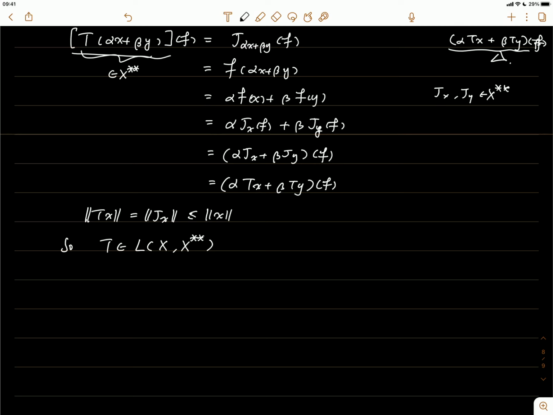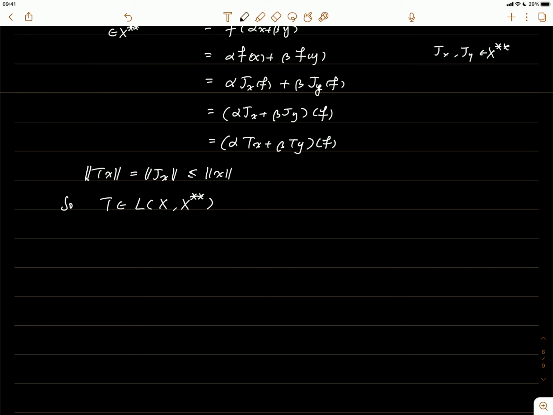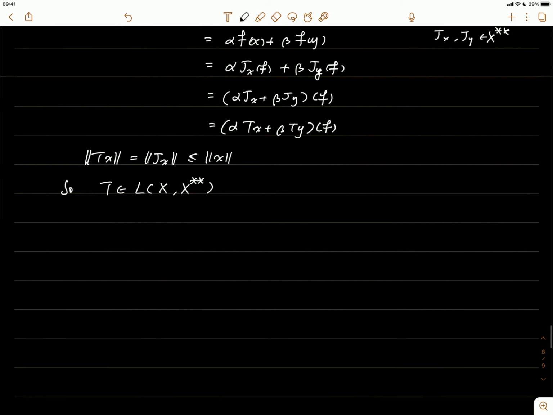So actually we can show that this inequality is just an equality. We can show these two are equal. We just need to show that the norm of Tx is equal to the norm of x.